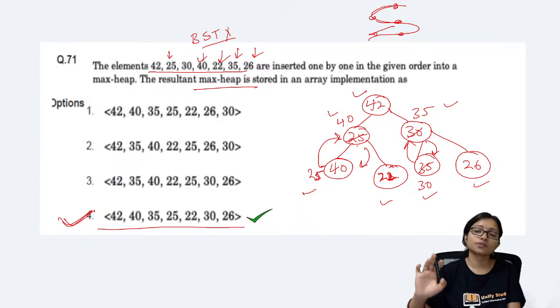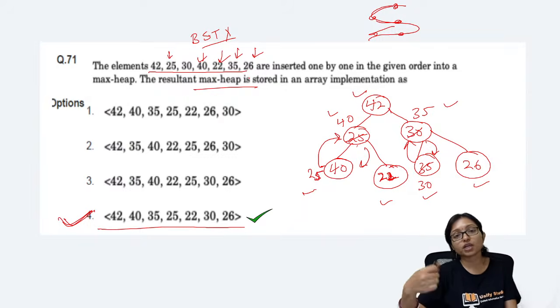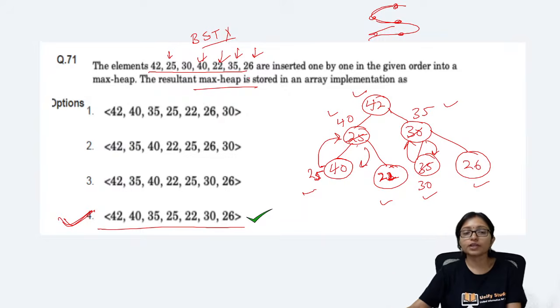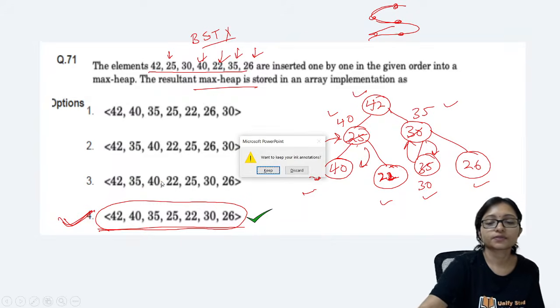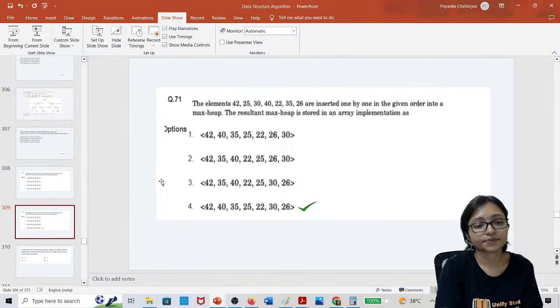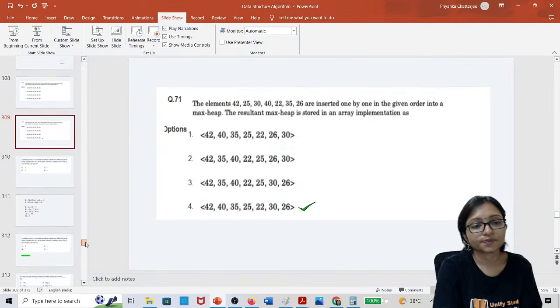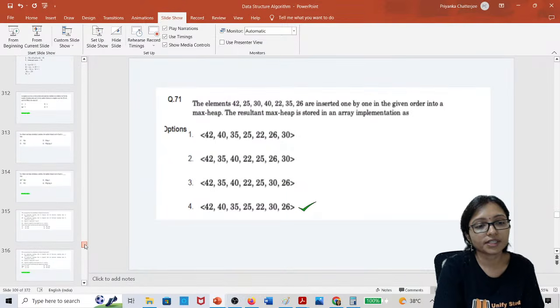If it is not satisfying, then I need to do the swap operation. After doing the swap operation only, you are able to get the correct answer. This is the way how to do it. Is this clear? Clear to everyone? Yes or no? I hope it is clear.